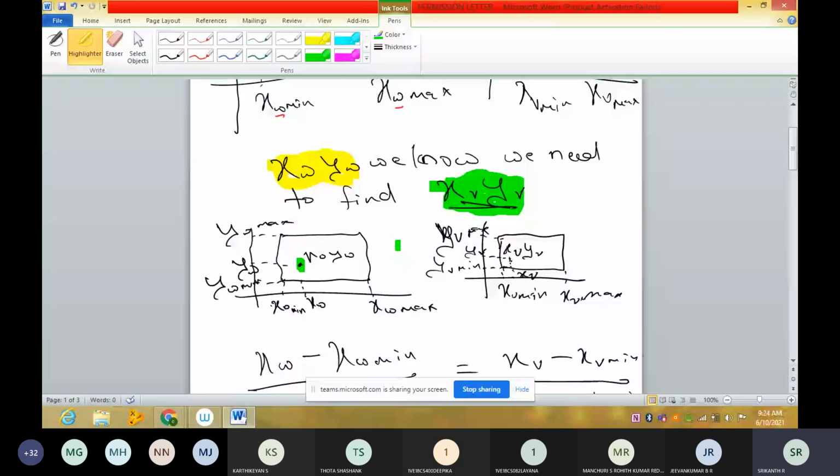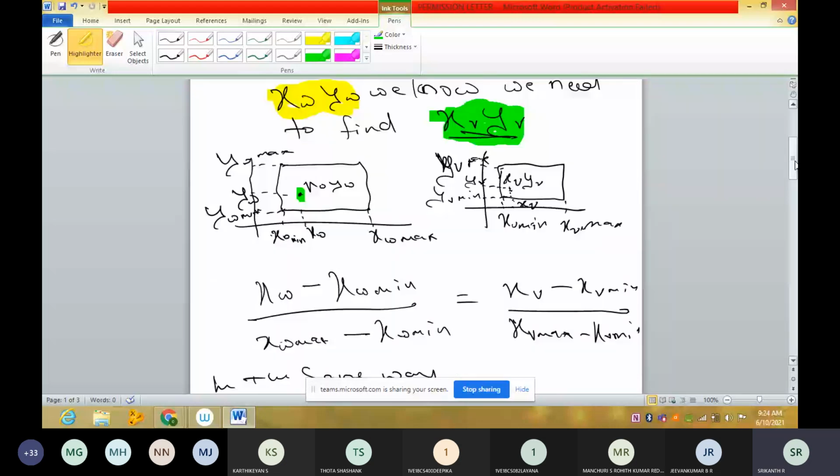And what we need to find is the position of this one in this screen, in the viewport. How can we find the position of xw yw? See here, this point minus this point. xw minus xw minimum all divided by xw maximum minus xw minimum.